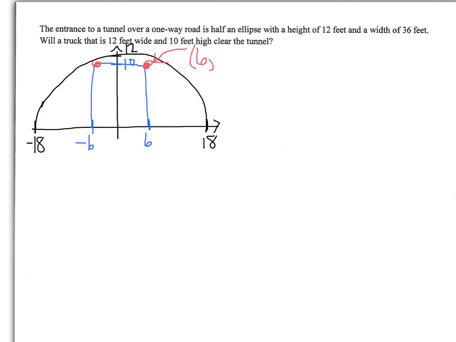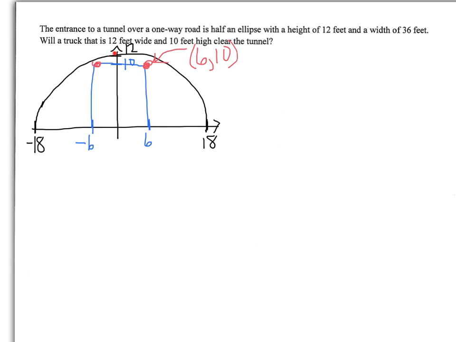So I need to check if the XY coordinate (6, 10) will fit into the equation if I consider this a complete ellipse. Is this arch, half of an ellipse, as an equation of its complete self going to be big enough to fit that coordinate point?